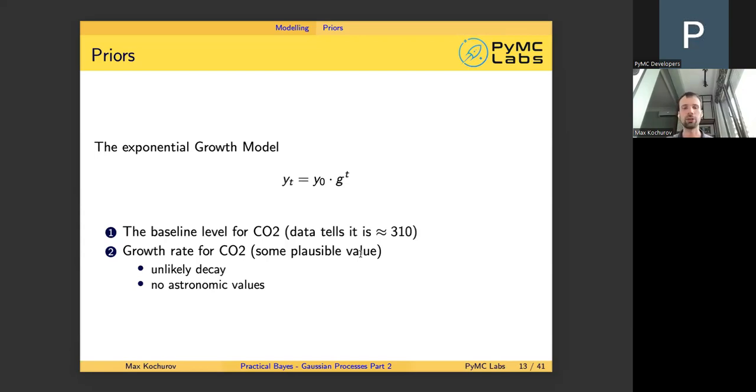So there is some work and trial and error when looking into the prior predictive plot. We need to just make an educated guess on the order of magnitude of CO2 that can be possible on planet Earth.